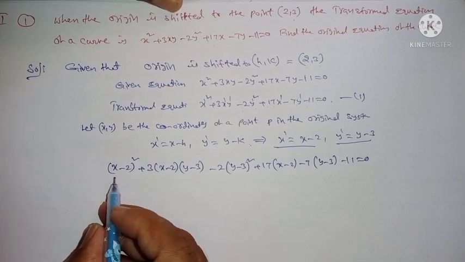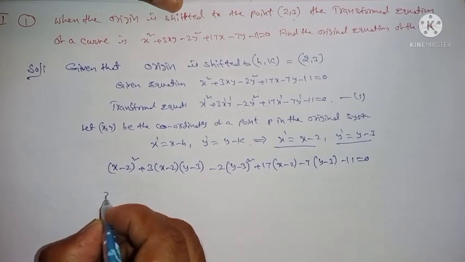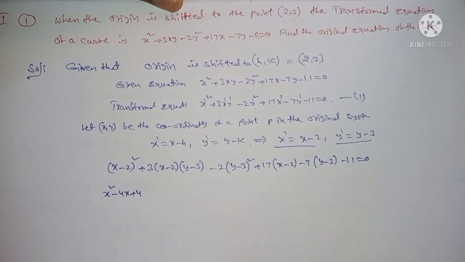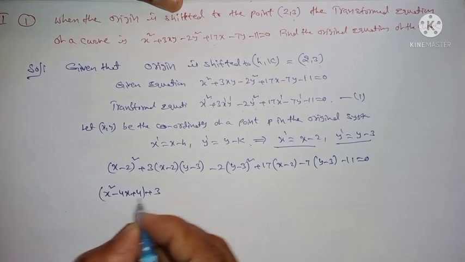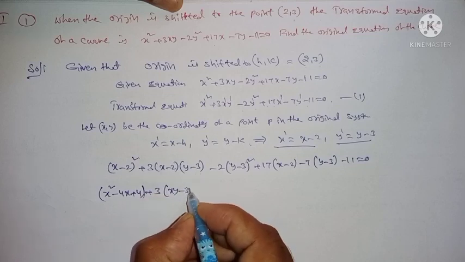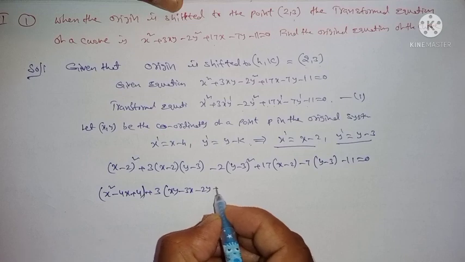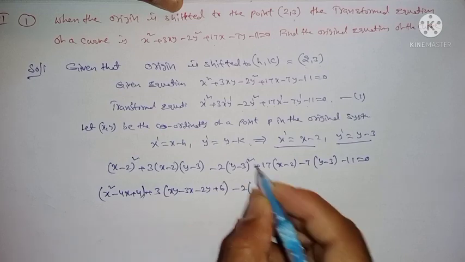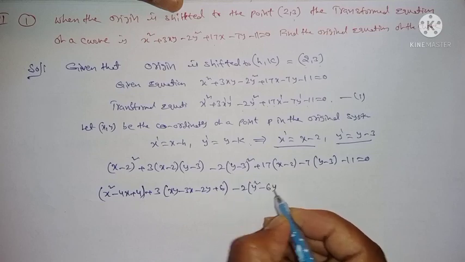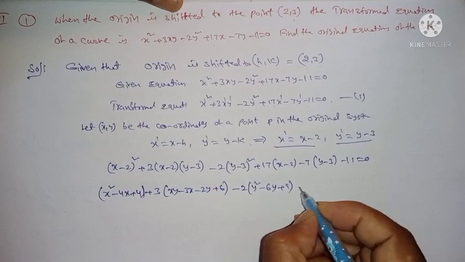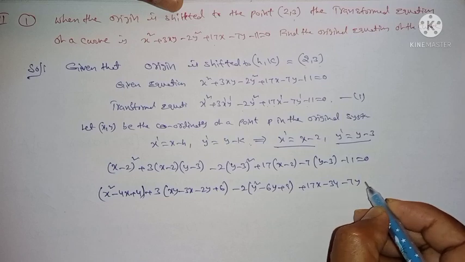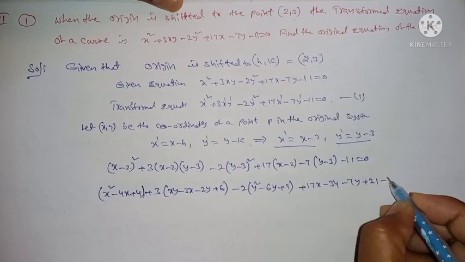Therefore, you can expand this one. x square minus 4x plus 4, this is the (a minus b) formula. Again plus 3 into (xy minus 3x minus 2y plus 6) minus 2 of, this can be written as (a minus b) whole square formula, (y square minus 6y plus 9) plus 17x minus 34 minus 7y plus 21 minus 11 is equal to 0.